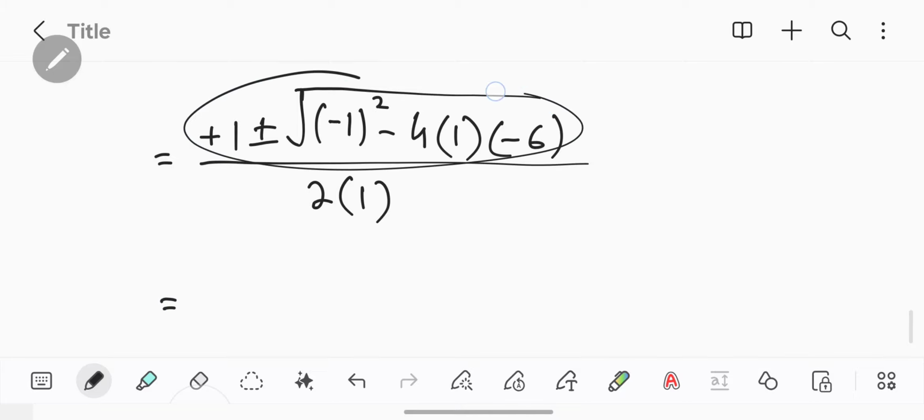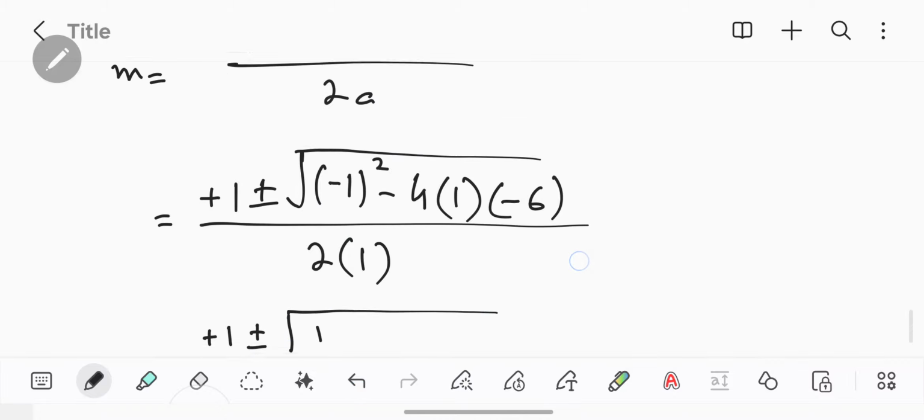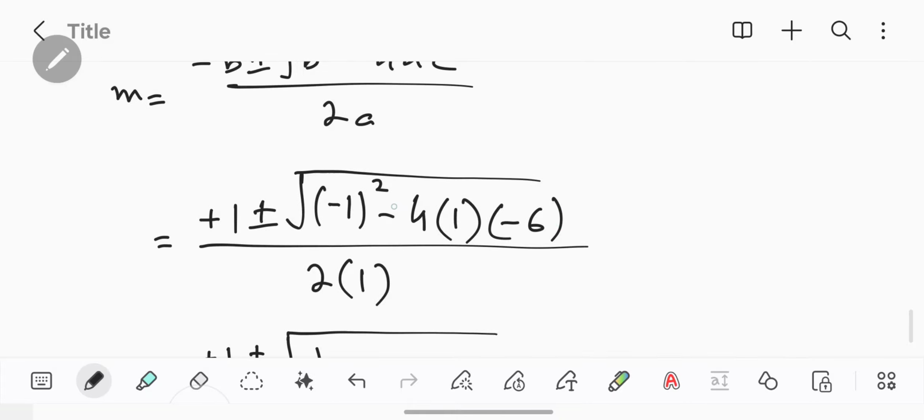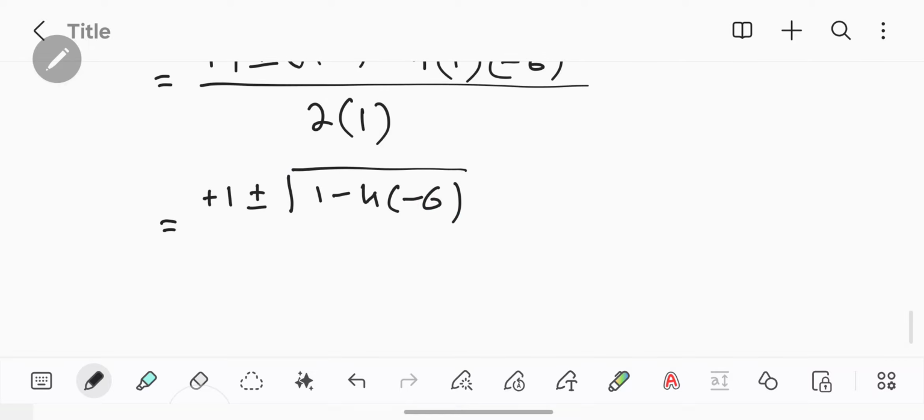Now I will use the calculator to solve these things. Plus minus, minus 1 square is plus 1. Then I multiply minus 4 with 1, I will get minus 4, so minus 4 times minus 6, over 2 times 1, which is 2.